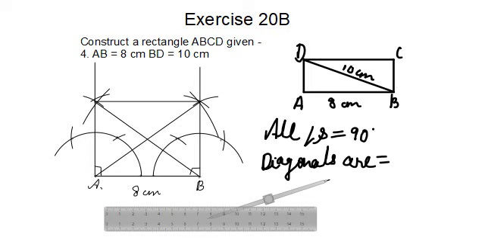So the diagonals are 10 centimeters here, right? Like this, you can label the diagonals. It's important to label each and everything. Don't miss out on anything, otherwise the marks might be cut. So this one is C, and this point here is D. Then this is 8 centimeters, and for the other two sides we don't have their measurements, so we don't need to write that down. So that's it.